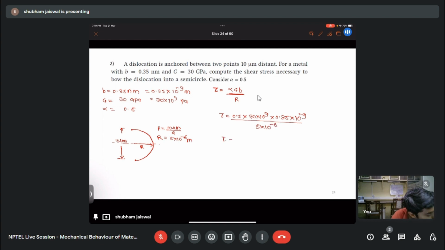So if we calculate here, this will get cancelled out and this will come to 1.05 into 10 to the power 6 Pascal, or tau equal to 1.05 megapascal.